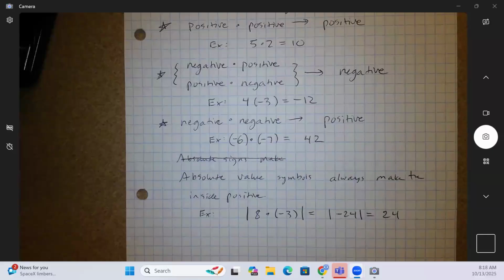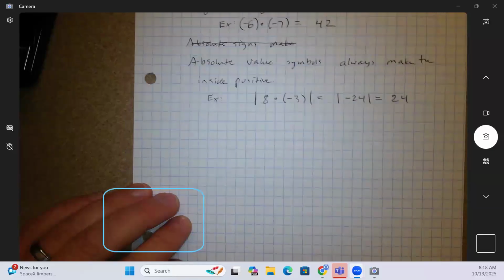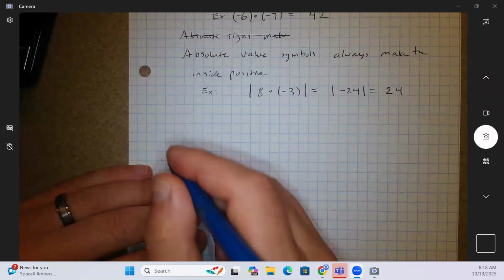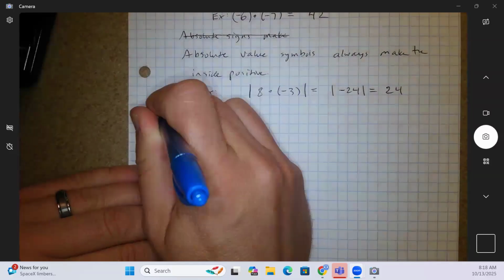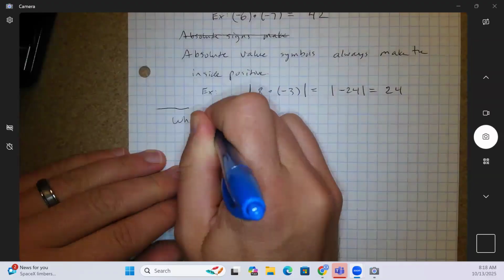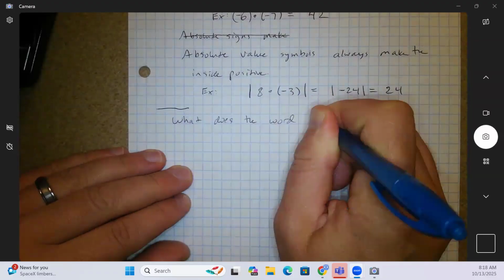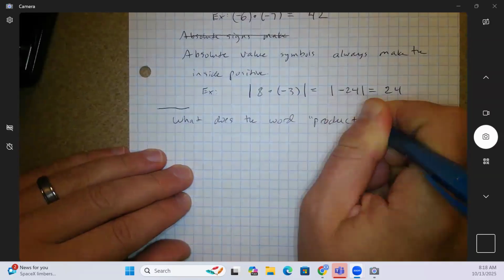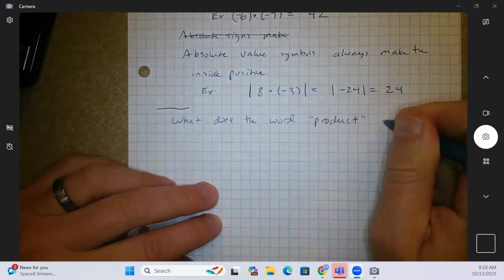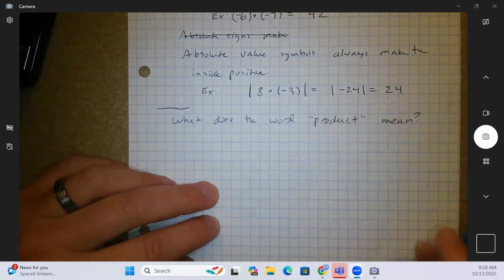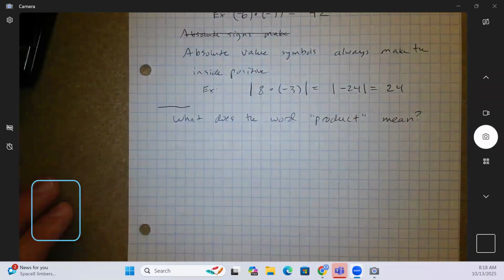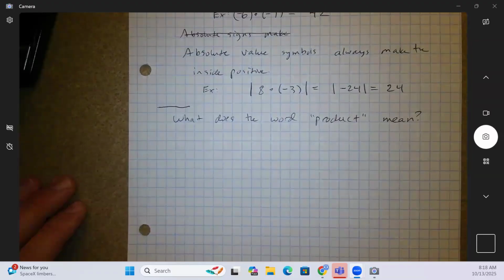I'm glad I checked the book because the book used a word, and that word is product. Now, in general English, product means just the result of doing something, right?